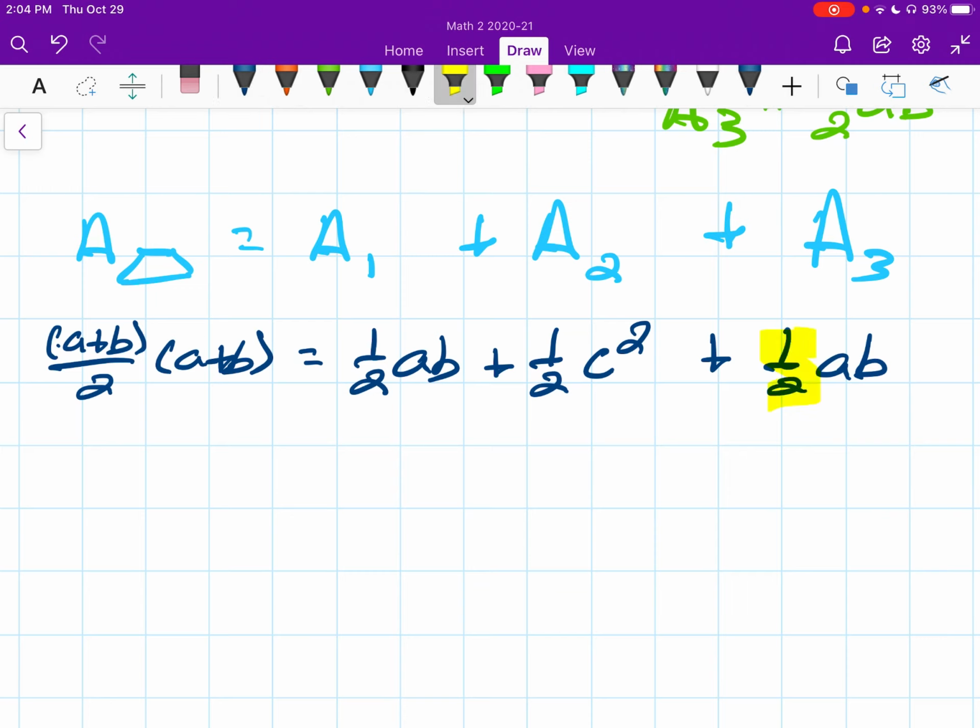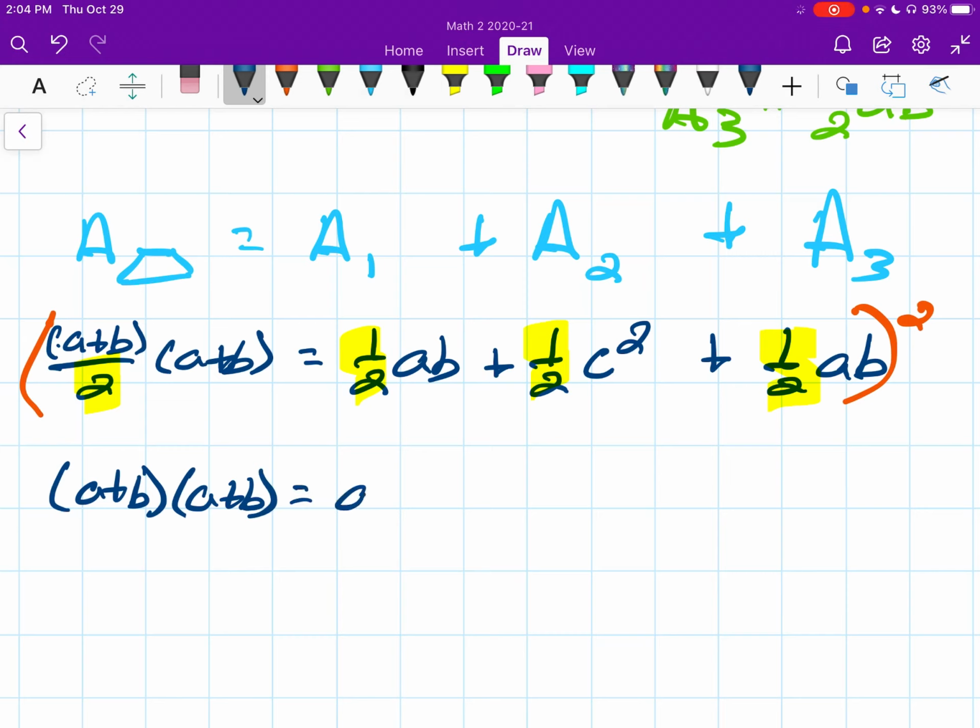Now, we should notice that there's a fraction of 1/2 all the way through this. Let's multiply everything by 2 and just get rid of it. So now we're going to have a plus b squared equals ab plus c squared plus ab.